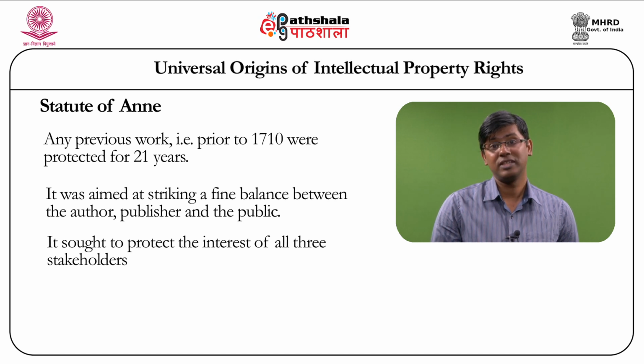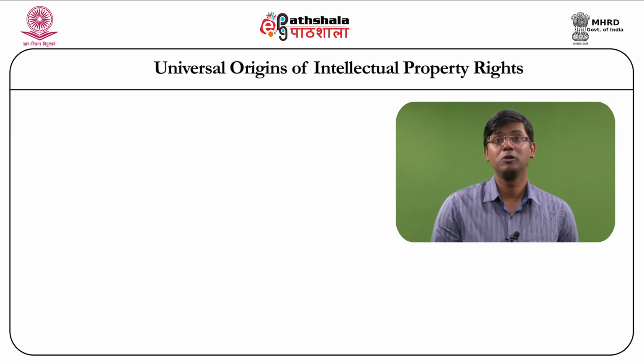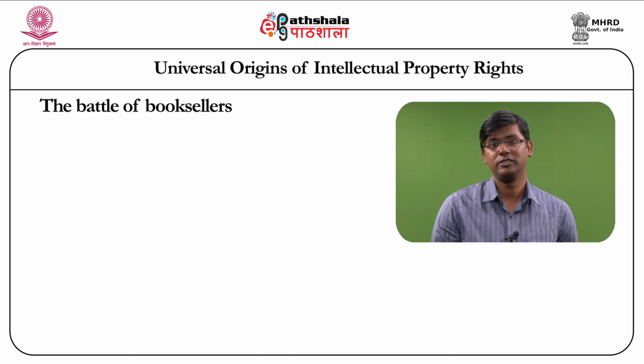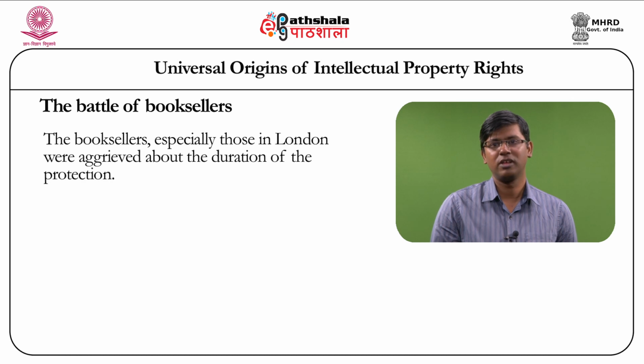But with the Statute of Anne restricting the term of protection to a period of 14 years, there was also a battle of what is called the booksellers. The battle of booksellers is a fairly important development that happened at a very early stage of the Statute of Anne. Largely, the booksellers who were based in London were completely aggrieved about the duration of the protection.